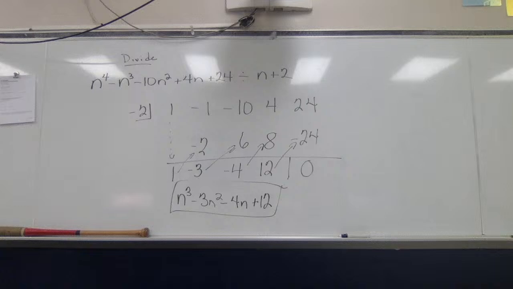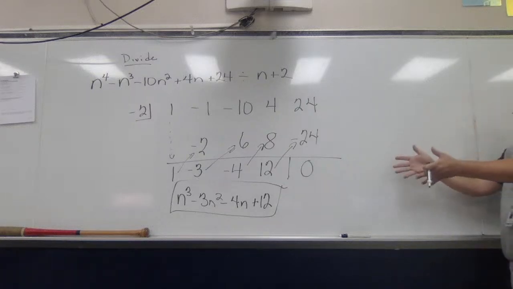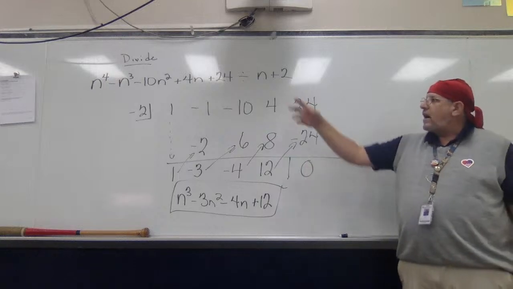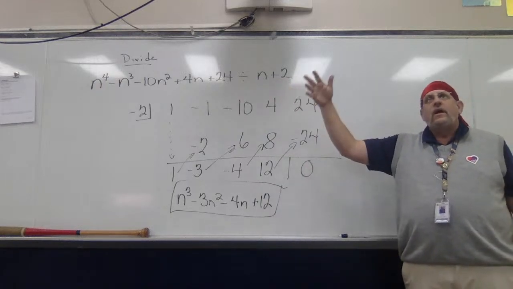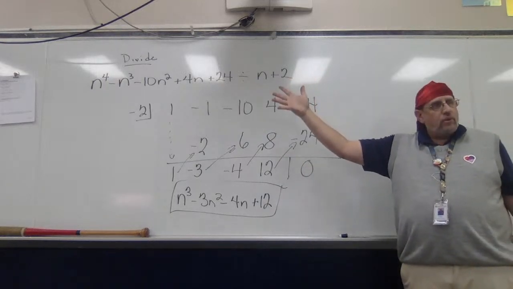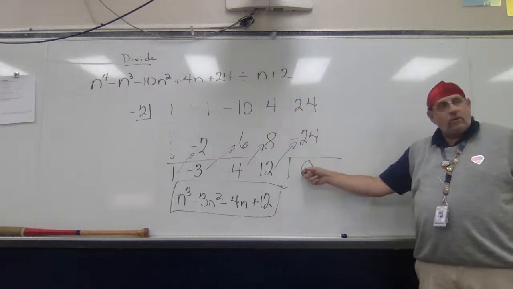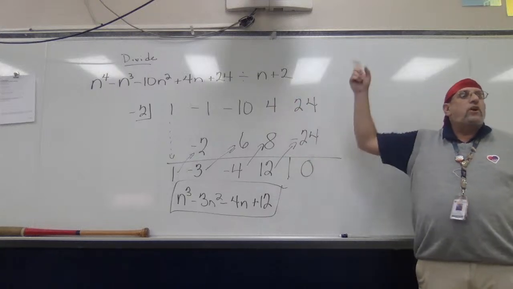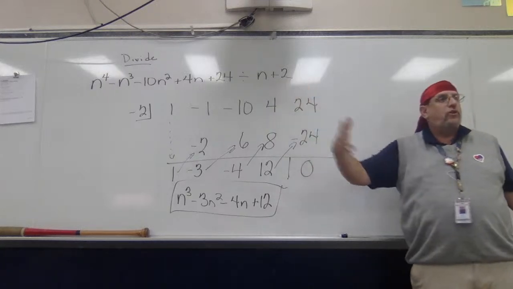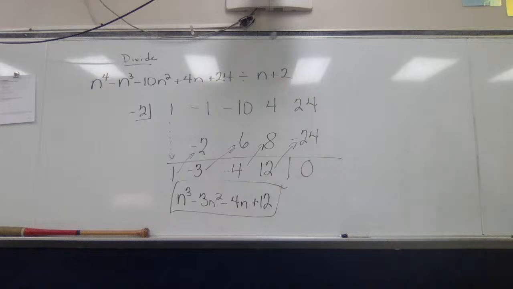That's my output for negative 2: f of negative 2 gives me a 0. But it also means that n plus 2 is a factor of that polynomial. Like if we did the long division, we'd come up with that same thing with no remainder.